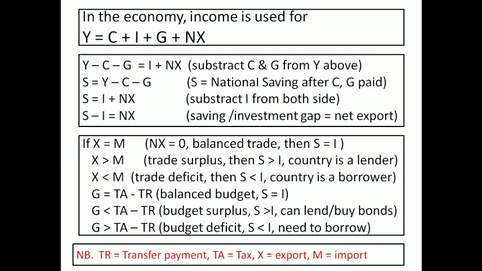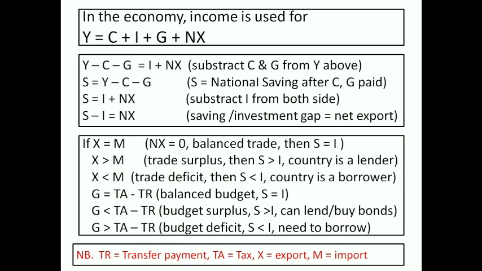The investment and net exports, we can say, equal the national saving after consumption and government expenditure has been removed. So when we subtract investment from both sides of the equation, we get the savings investment gap, which is normally equal to the net exports.